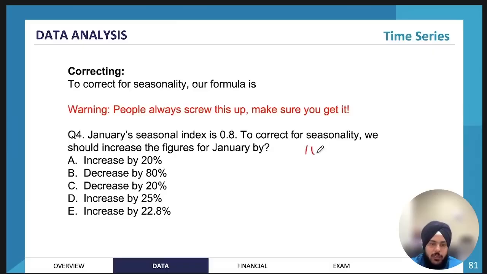It's 100 over 0.8 minus 100, which is 125 minus 100, which is 25. So we get positive 25. That means we need to increase by 25% to correct for the effects of seasonality.